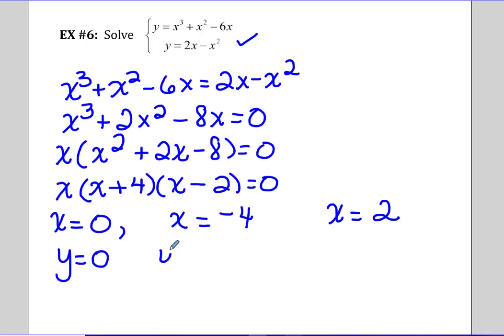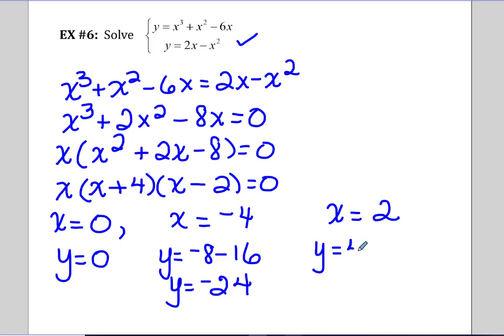And when x is negative 4, we got 2 times negative 4 minus negative 4 squared. So in that particular instance, our y is negative 24. And then finally, when x is 2, y is 2 times 2, that's 4, minus 2 squared, that's 4. So in this case, y is 0.